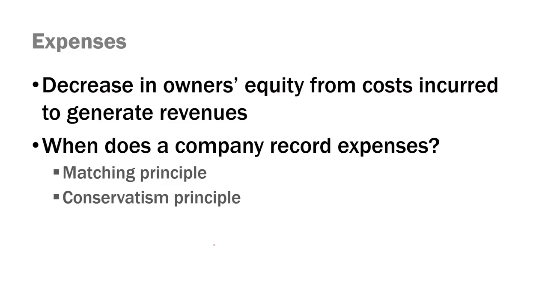So an example of when we might use the conservatism principle to recognize expenses would be when we incur marketing costs. A company might pay a lot of money for marketing costs, and the marketing programs that it gets as a result might help to generate revenues for several years in the future.